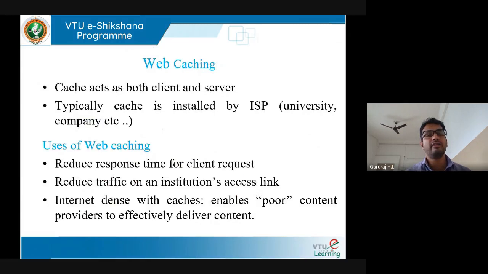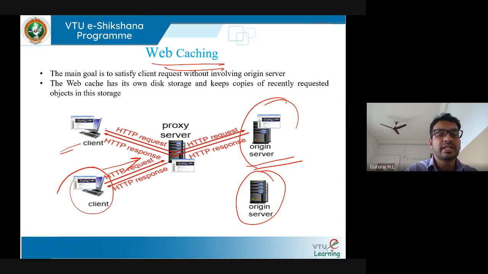A web cache acts as both client and server. Typically, a cache is installed by the ISP, the Internet Service Provider, who provides the service at universities, companies, and so on. With web caching we can achieve some advantages. First, it reduces response time for the client. For example, sending a request from this client to the server will take some time, correct?